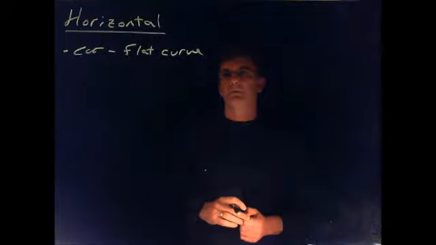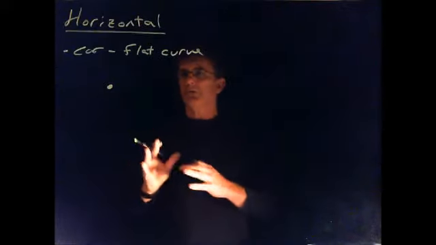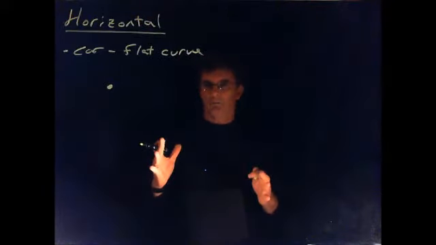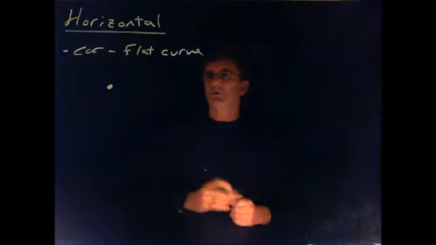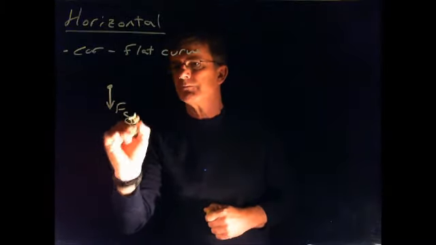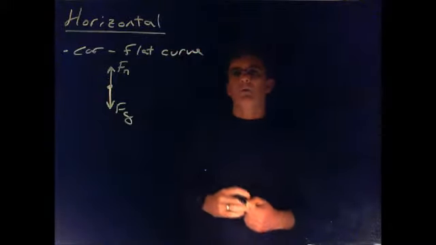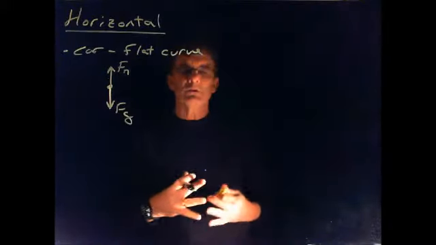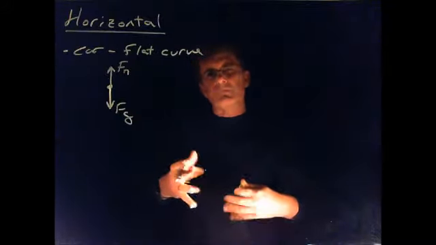So let's say here's our car, and here's our free body diagram, and the car is going around the curve, and I'm looking from behind the car. Looking behind the car as it's going around the curve, we have a gravitational force going down, a normal force going up, and then it's turning. The force that's causing the car to turn is the force between the car tires and the road, which is friction.